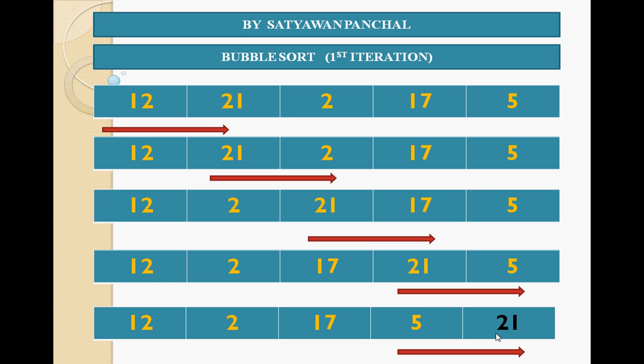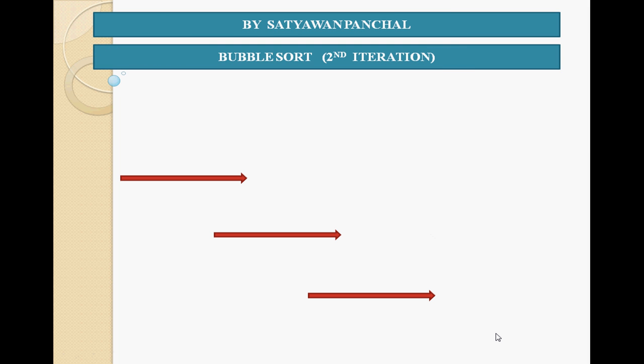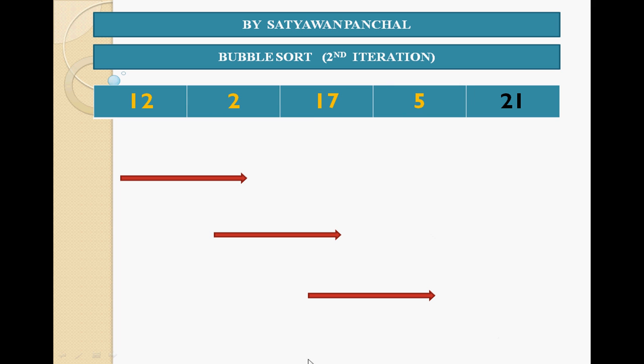Okay, so next we come to the next iteration, and this is the result we have got from the last iteration. 21 has been settled. Now we will be leaving behind 21, and we will be working with the other elements, that is 0, 1, 2 and 3.